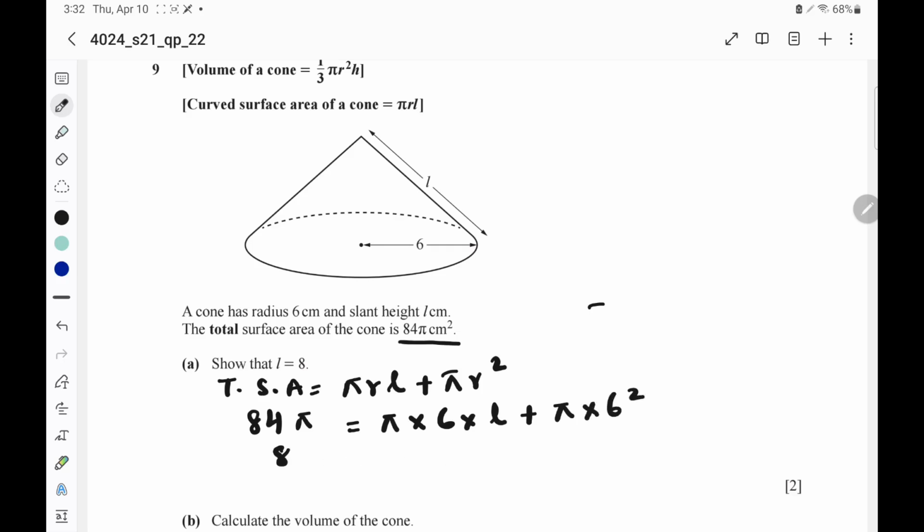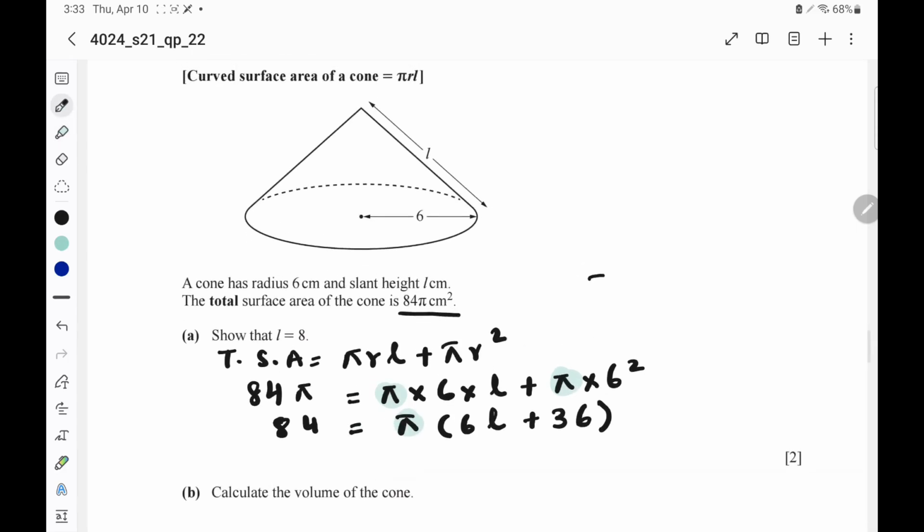So 84 pi is equal to pi times 6L plus 36, because we took out the pi common here. Okay, first of all cancel the pi and then start working. So this is 6L plus 36 equals to 84.